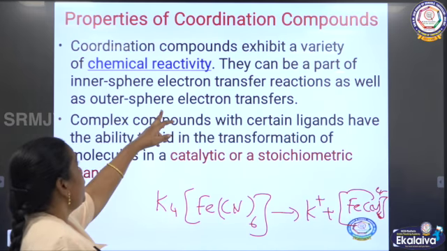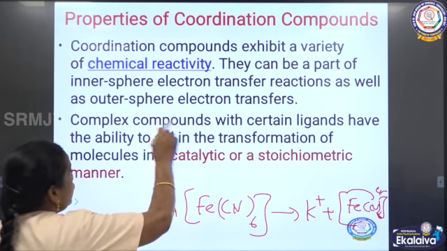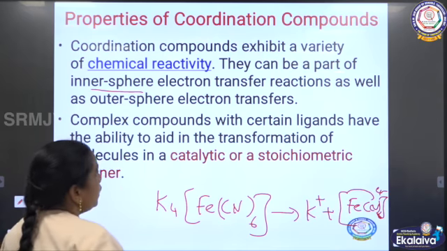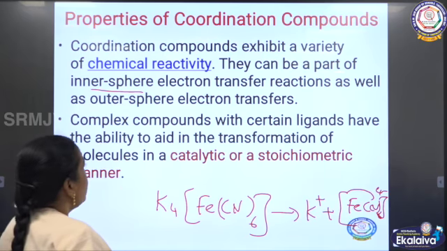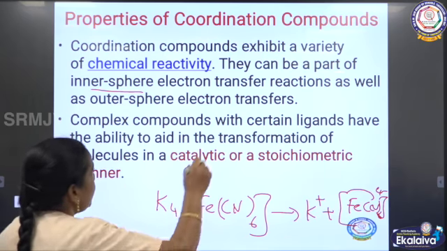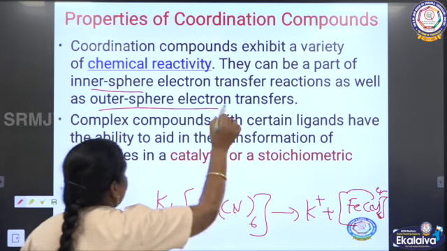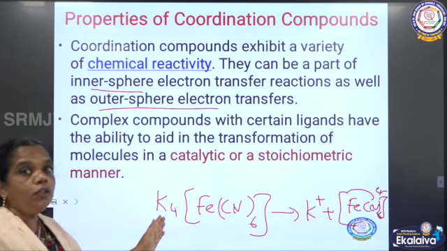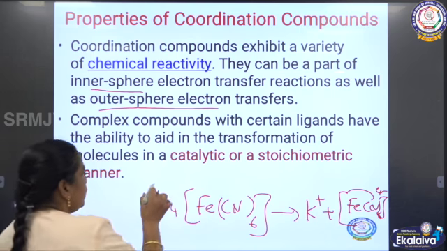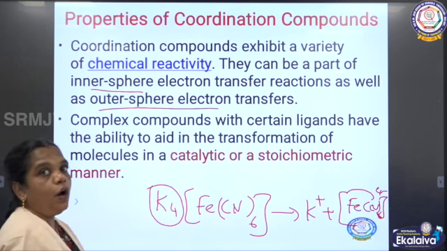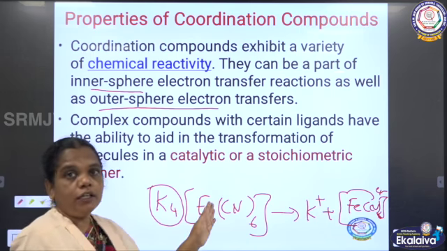So, here the bond between the ion and the ligand is in the inner sphere. The electron is going to be transferred in the inner sphere, as well as in the outer sphere. Now there are two parts: one is the electron transfer in the inner sphere and the other is the electron transfer in the outer sphere. This can exist in the outer sphere of the coordination compound.